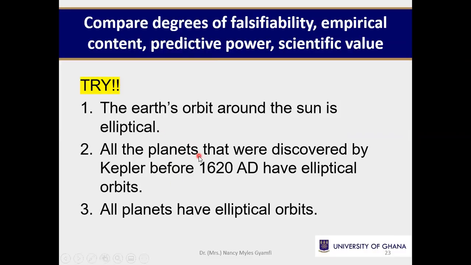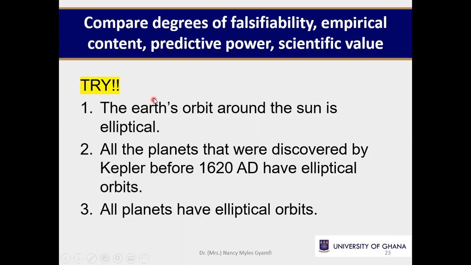So in terms of degree of falsifiability, empirical content, predictive power, and scientific value, 3 will have all of it. 3 will have more value scientifically, will be easier to falsify, will have a higher predictive power, and what's the other one? All the labels we have put up there. 3 will have more than 2. 2 will have more than 1.